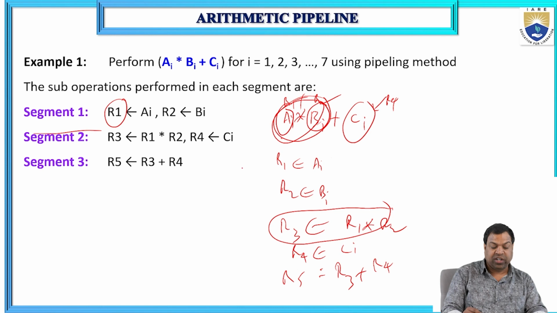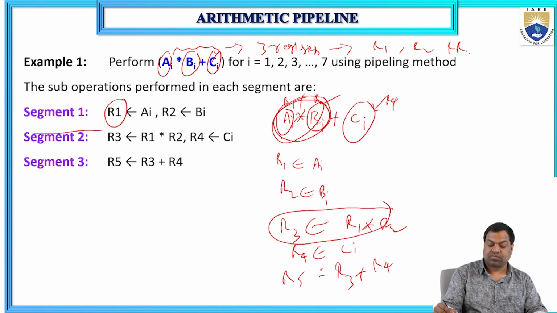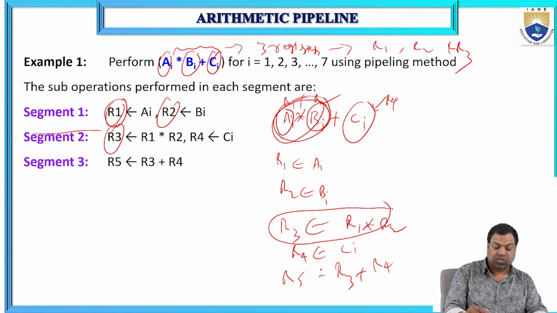So how many segments do I need? 3 segments, that means 3 sub operations we need to perform. Segment 1: R1 to AI, R2 to BI. So 2 registers here. But in total how many variables are there? Total 3 variables, so for 3 variables we need 3 registers: R1, R2 and R3. Here, in place of CI, I am taking R4.